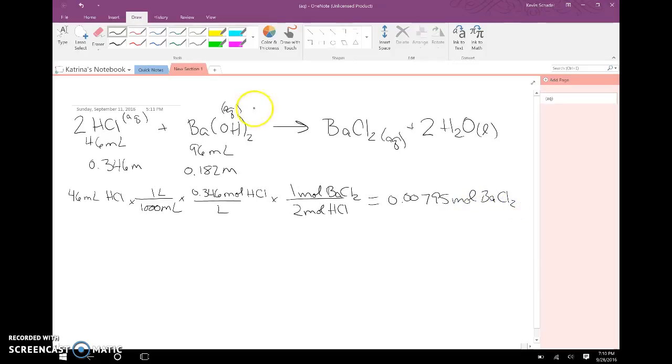And then I'm going to do the same thing, but from barium hydroxide over to barium chloride. So I start with 96 mL. Same conversion, 1,000 mL to a liter. Now I'm going to use my new molarity.